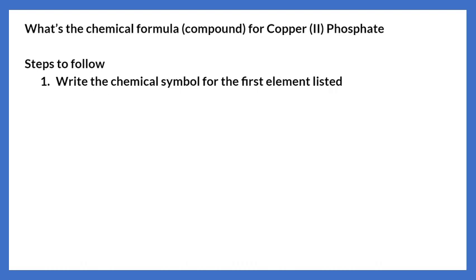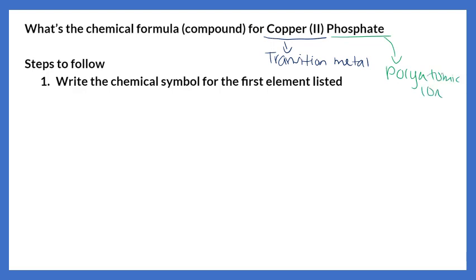So it asks, what is the chemical formula or compound for copper 2 phosphate? So copper is our transition metal. Phosphate is a polyatomic ion.